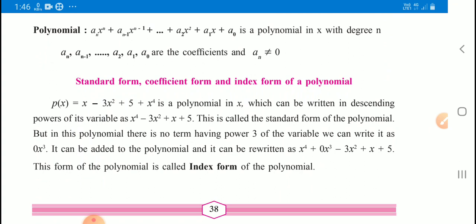Now standard form, coefficient form and index form of a polynomial. Look, p of x is equal to x minus 3x square plus 5 plus x raised to 4 is a polynomial in x which can be written in the descending powers of variable x.